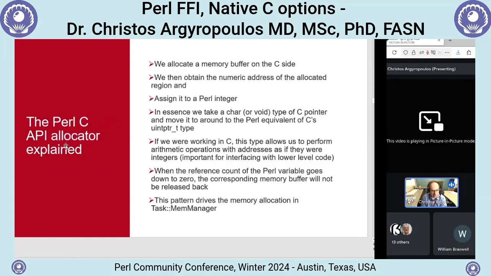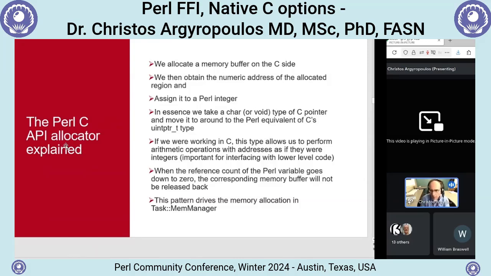It's actually considered the safe way to move around pointers in C as integers because you are given guarantees of size. The C standard specification does not guarantee that a given pointer will always have the same length, but uintptr is guaranteed to be long enough to contain any pointer size that you want.